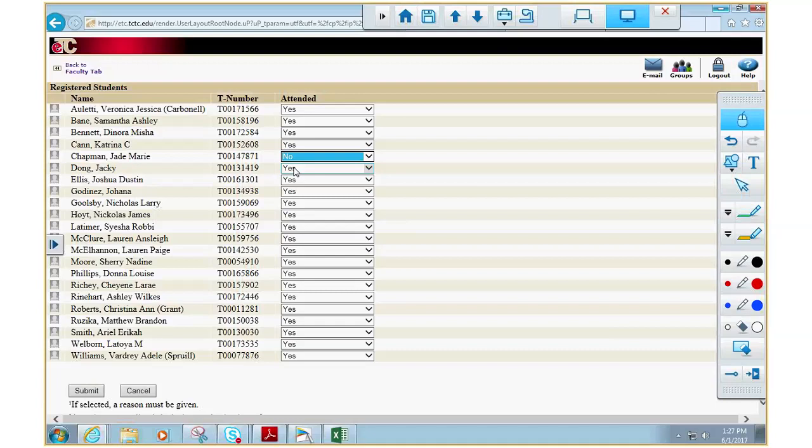And these people procreate. All right. Goolsby, not here. Hoyt is here. Latimer is here. McClure is here. McElhannon, bless her heart, she did make it. I don't think she made it. Moore. Phillips. Ritchie is here. Reinhardt is not here. Roberts is here. Rosita, here. Smith is here. Welburn, here. And Williams. Let's see, Miss Williams here today.